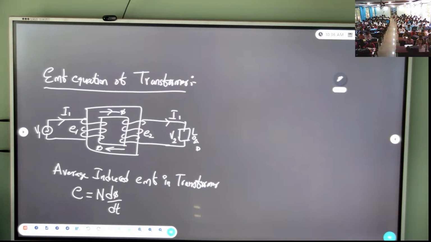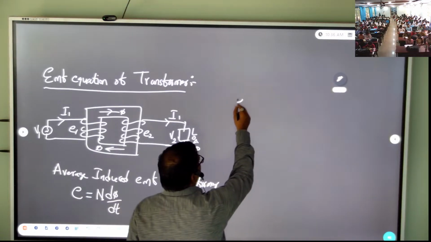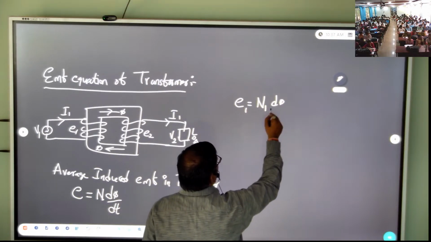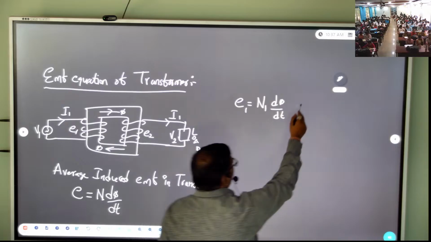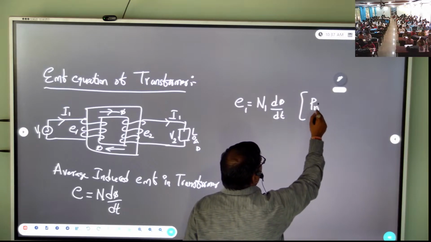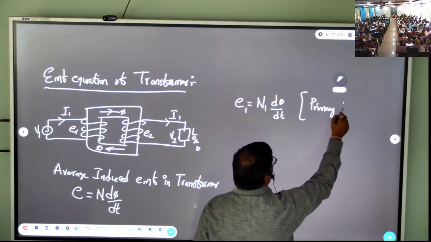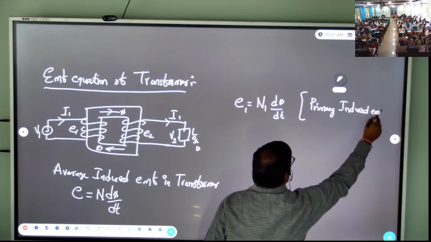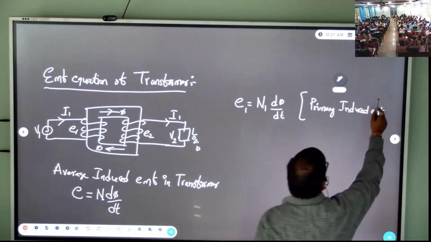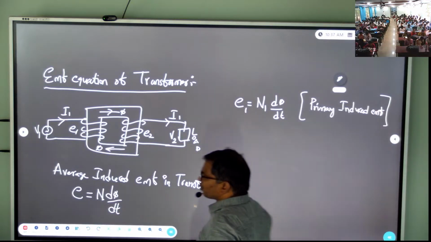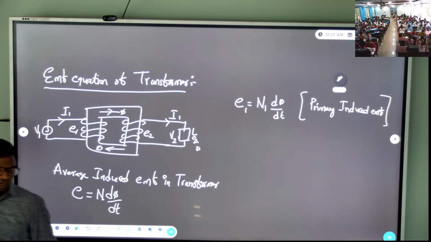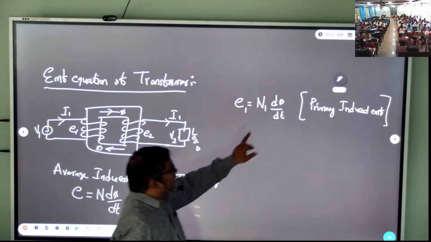So, if it is the primary, then you modify the formula as E1 is equal to N1 d phi by dt. So, this is called the primary induced EMF. Primary induced EMF. Now, see, what is meant by d phi?